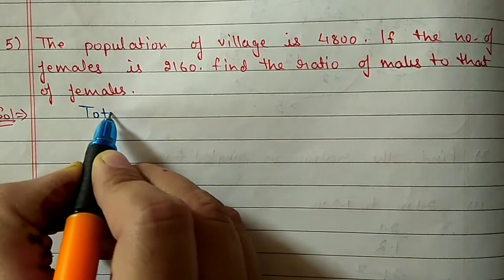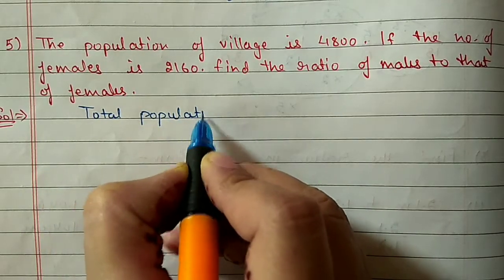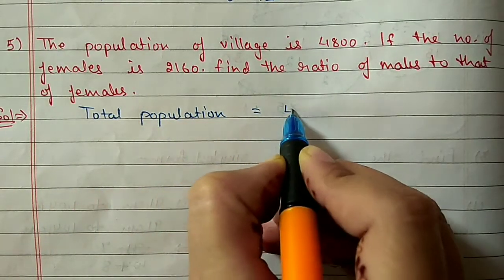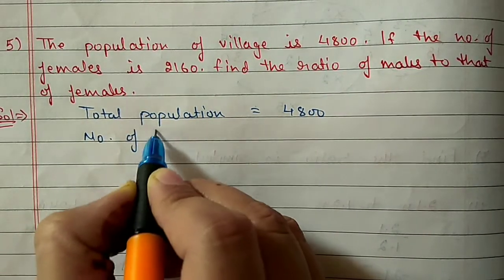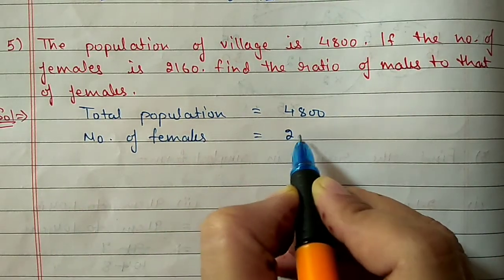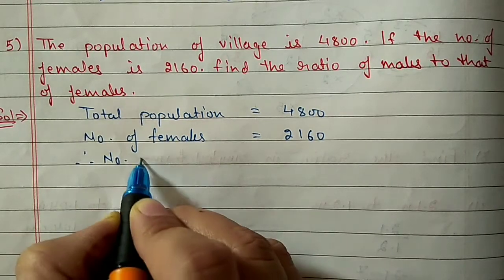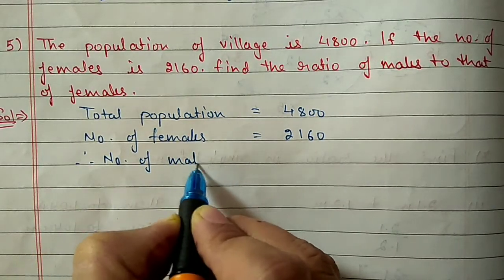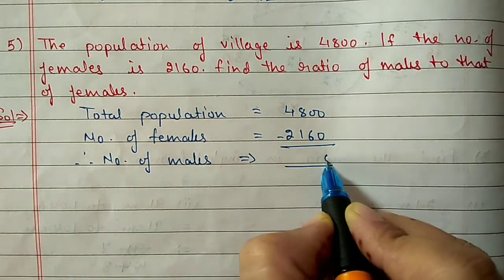So the total population is 4800. Number of females 2160. Therefore, the number of males will be the subtraction of these two. So, subtract.